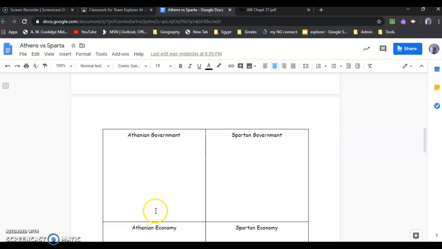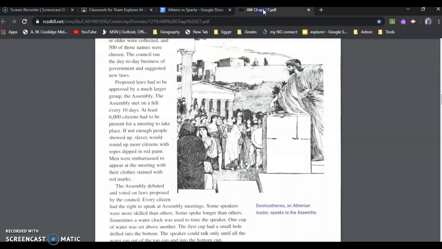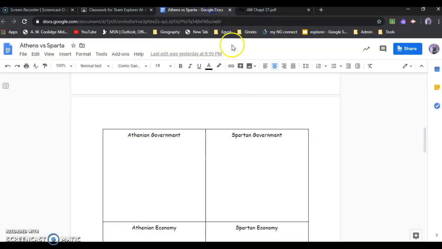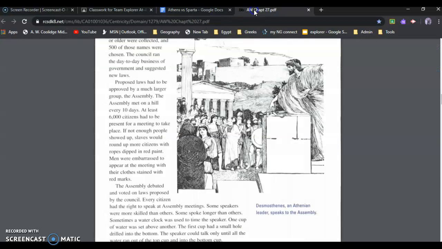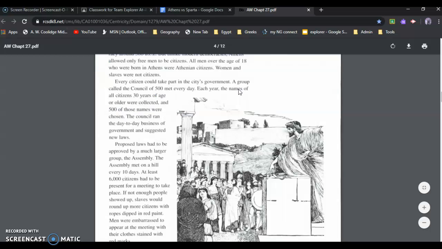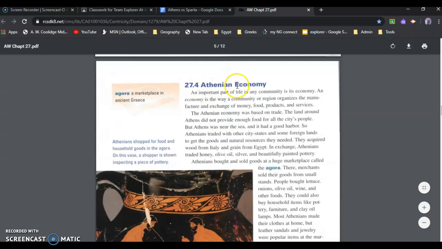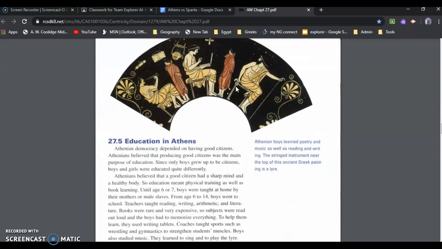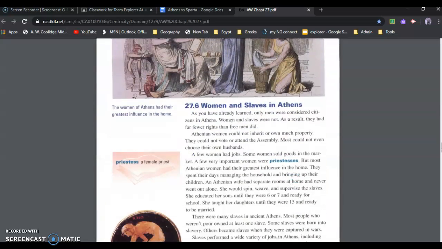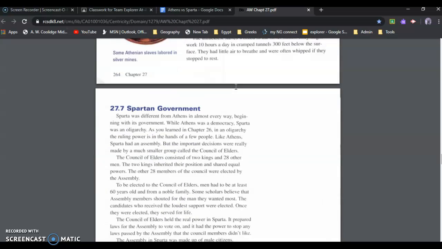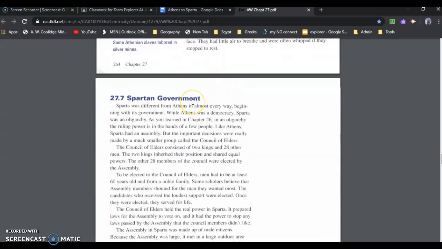These boxes will expand the more you write. Now, this document says Spartan government over here. But Spartan government is not the next topic, because it's going to finish talking about Athenian topics first: the economy in Athens, education in Athens, women and slaves in Athens, and then Spartan government.